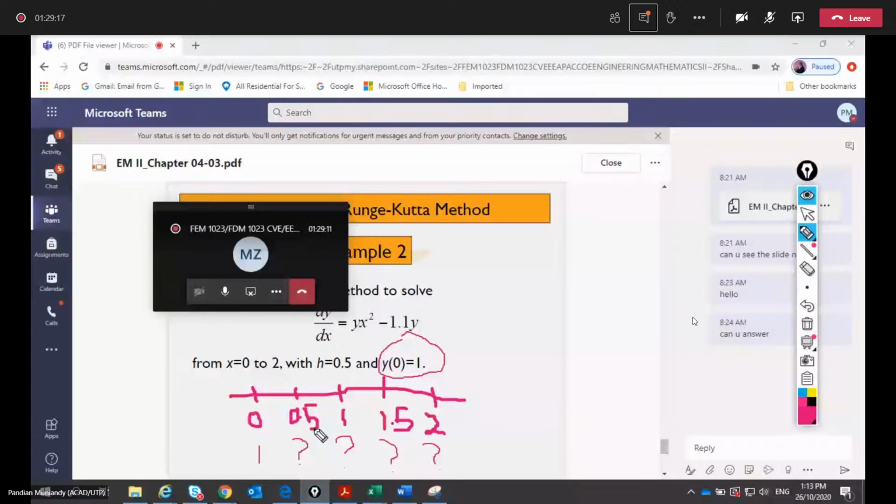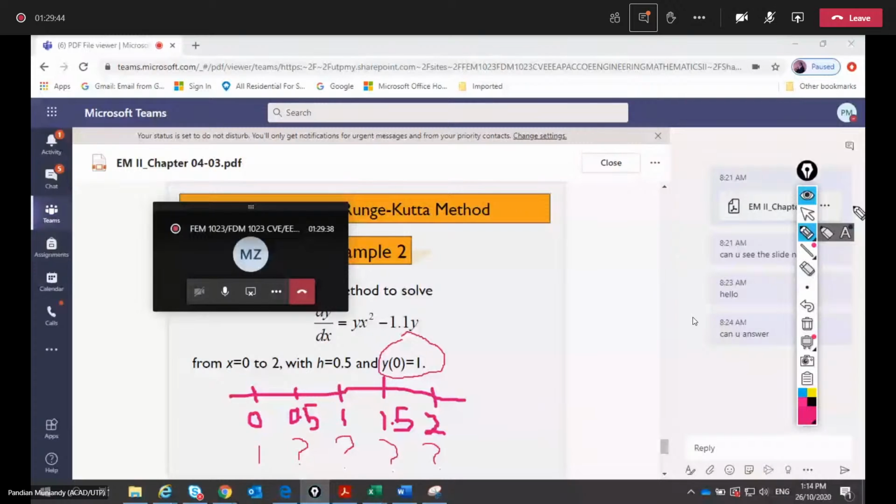The 0.5 is an input, so what is the output at x equals 0.5? Yet to be found. When x equals 1, what is your y? When x is 1.5, what is y? When x is 2, what is your y? That is the question, class.